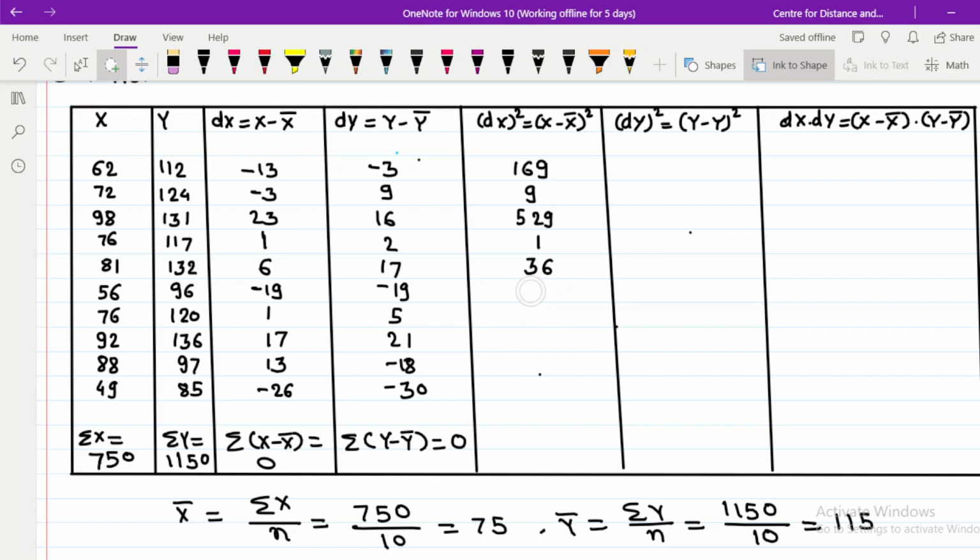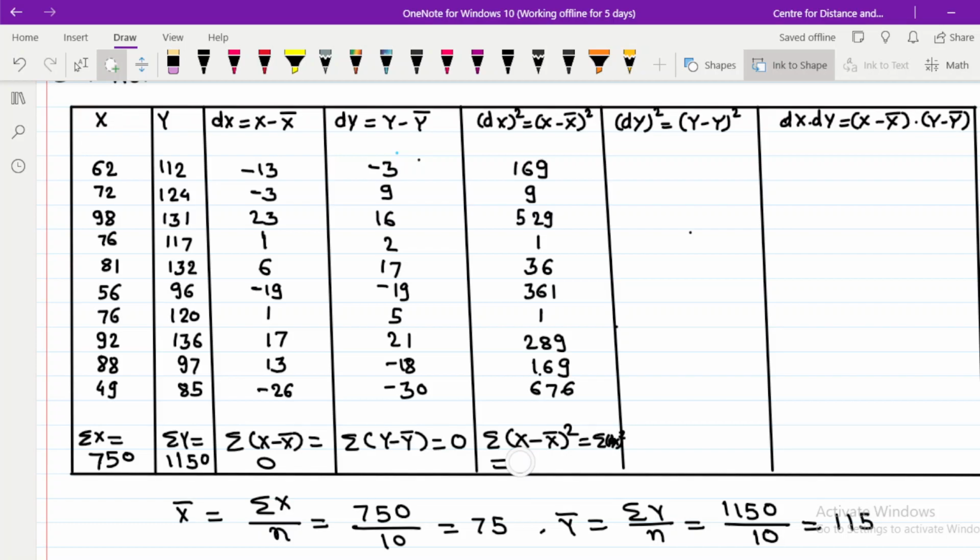Minus 19 square is 361. Then 1 square is 1. 17 square is 289. 13 square is 169 and minus 26 square is plus 676.